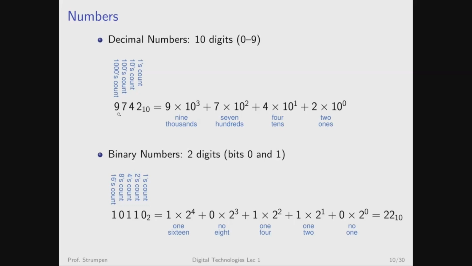If you look into the context of monthly salary in euros, then you know immediately that 9,742 is a pretty good salary, right? If you look at it from the perspective of, say, your savings for a trip to Mars, well, it won't get you far, right?